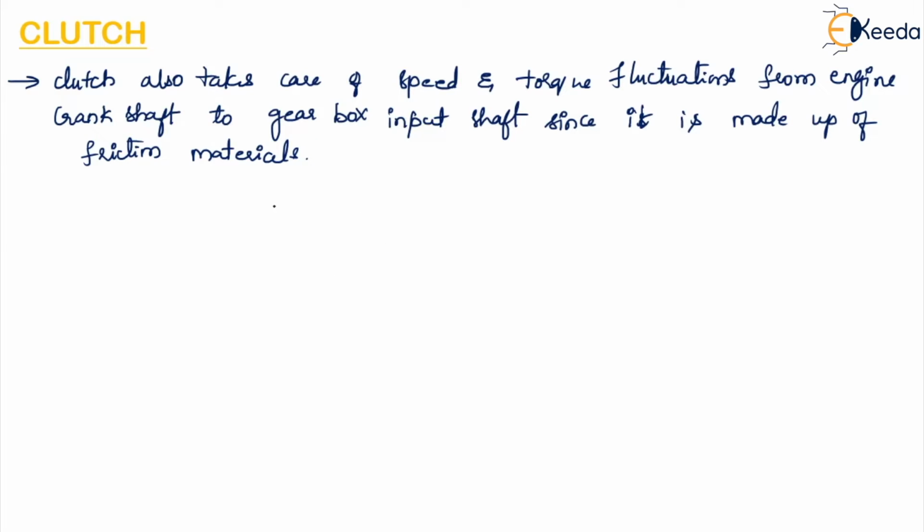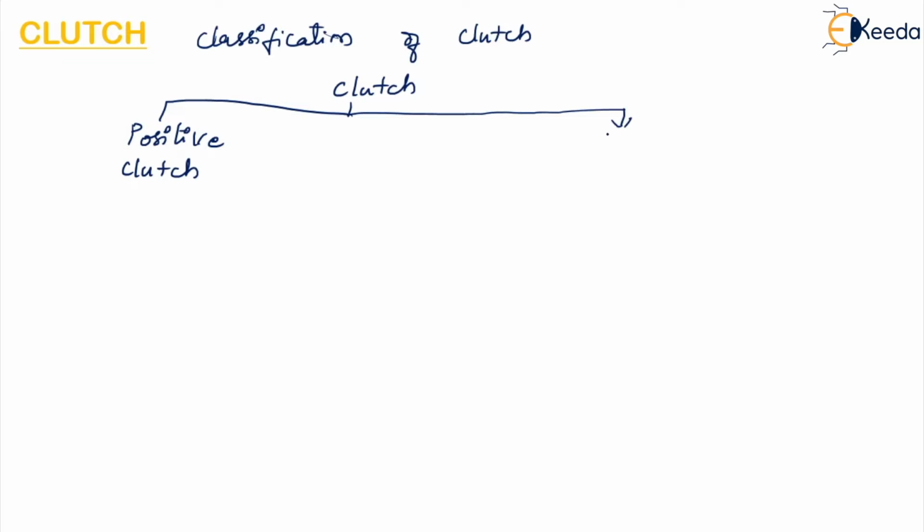So what is the classification of the clutch? How is the clutch classified? Clutches are of two types, that is positive clutch and gradual engagement clutch.